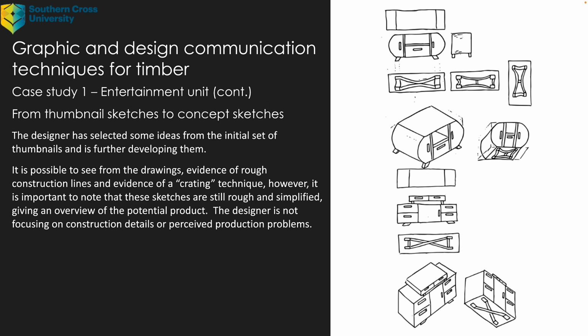It is possible to see from the drawings evidence of rough construction lines and evidence of a crating technique. However, it is important to note that these sketches are still rough and simplified, giving an overview of the potential product. The designer is not focusing on construction details or perceived production problems.